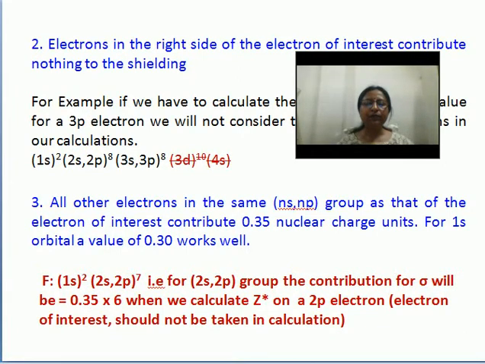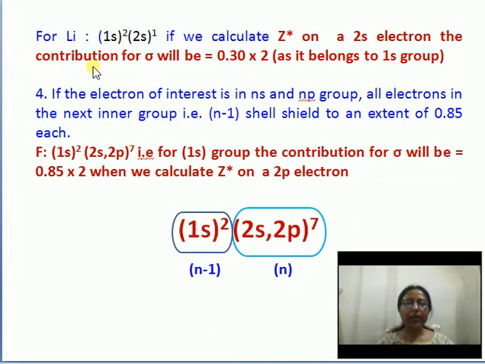So it will be 0.35 into 6 from this NS-NP group, which will contribute for the sigma value. Now let us take the example of lithium, whose group electronic configuration is 1s2 then 2s1. Now if we calculate the Z star on a 2s electron, we are not going to consider this 2s electron, and this will not contribute in sigma. So what will contribute in sigma is the inner 1s2 electrons.